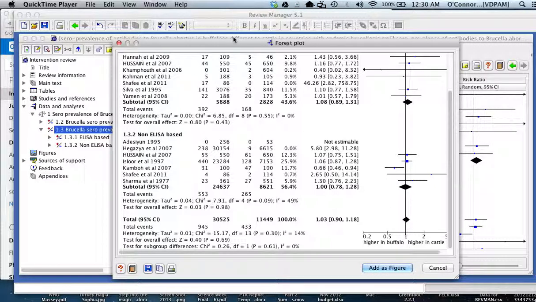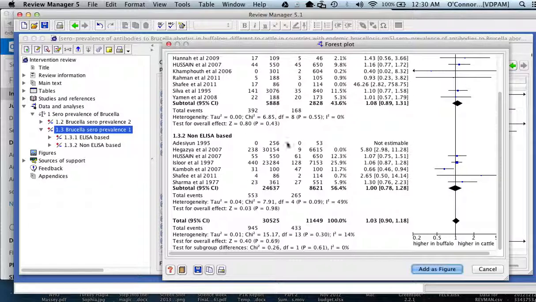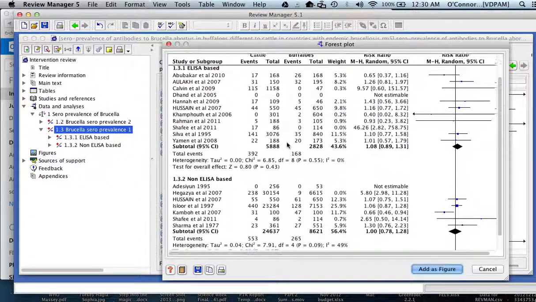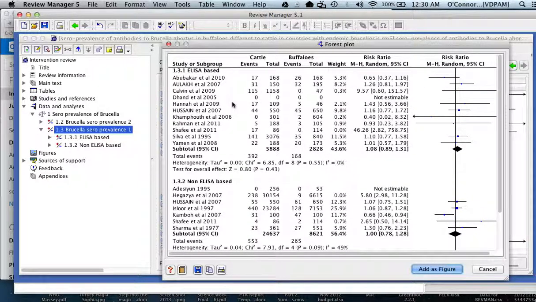But just quickly I want to go through again, how I approach reading forest plots. First of all, I like to look at the subgroups, and I like to look at the heterogeneity in the subgroups. And then if there's studies that I think might be influencing the heterogeneity, then I might remove them to see that effect on heterogeneity.